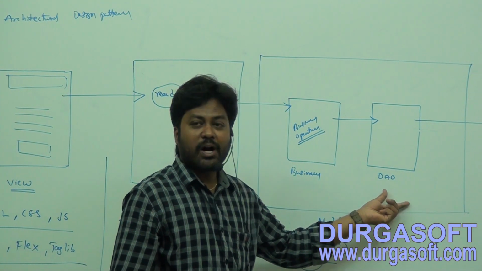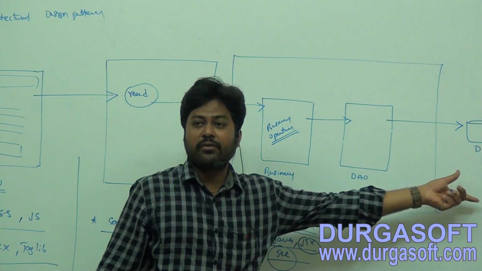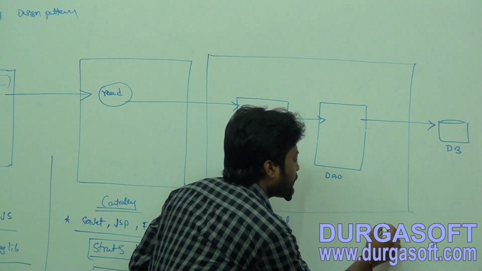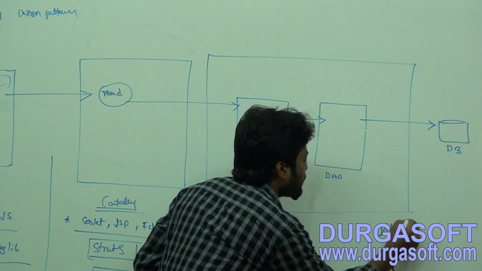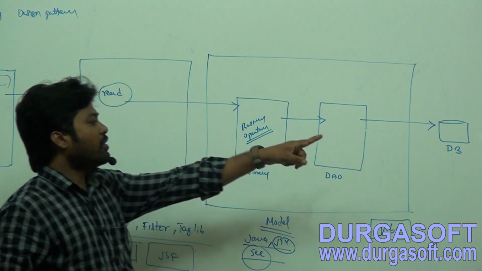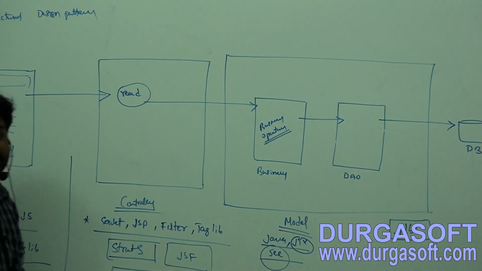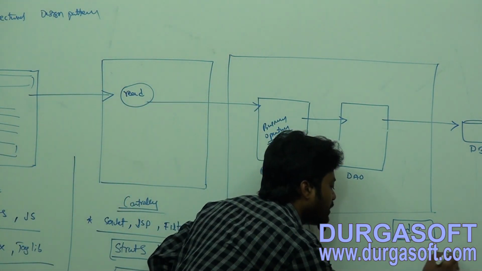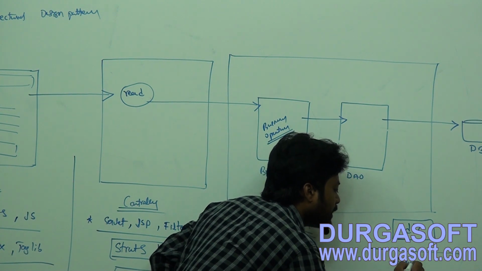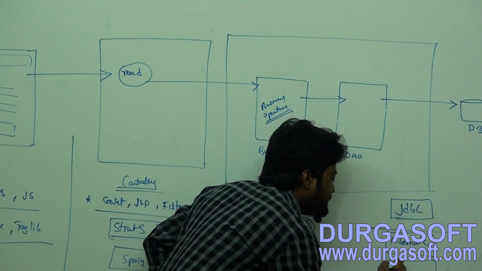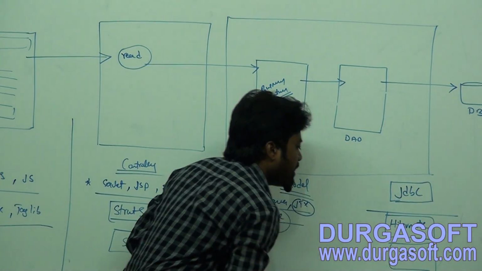Coming to this DAO part, finally, what does it need to do? It needs to talk with the database. To talk with the database here, we have JDBC. By using JDBC, these DAO classes can talk with databases. Or else we have frameworks also here. Instead of using JDBC, you can go through Hibernate, or else we have JPA, many other ORM tools.